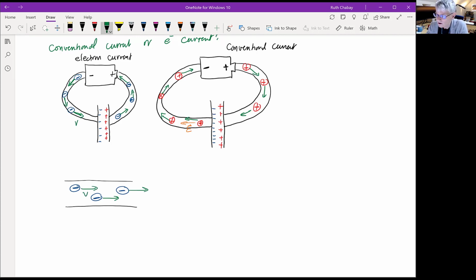Let's look at an observation location here above the wire. And here is R hat. That's pointing from this little piece of wire to our observation location.